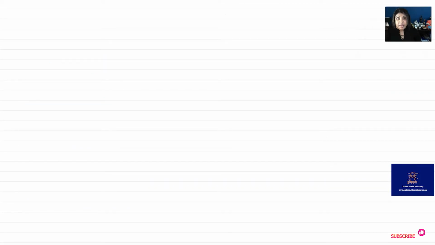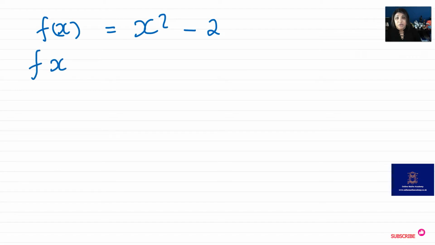So let's do a slightly different example. Let's say my f(x) is equal to still x squared, and I'm going to take away 2 this time. What happens if I want to have f(x plus 2)? Well, what will my function machine do?